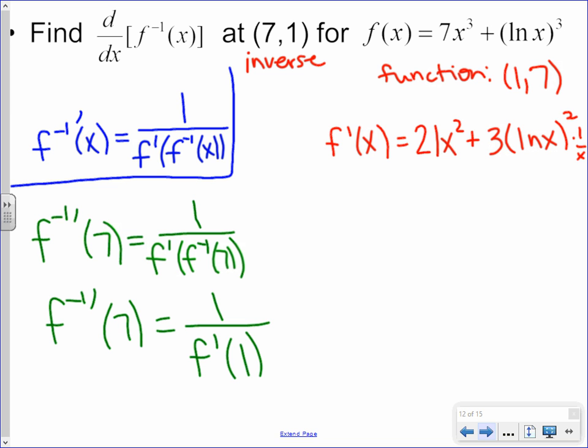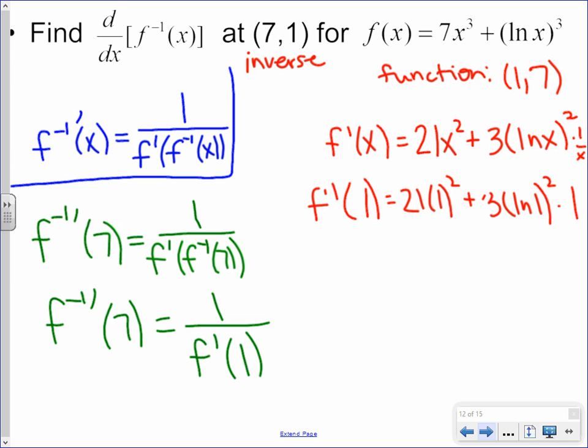Now, the nice thing is we're plugging a number, so we don't need to worry about rewriting, making it look pretty, because we're just going to plug a number in anyway. We need f prime of 1. So f prime of 1 is 21 plus, what's the natural log of 1?